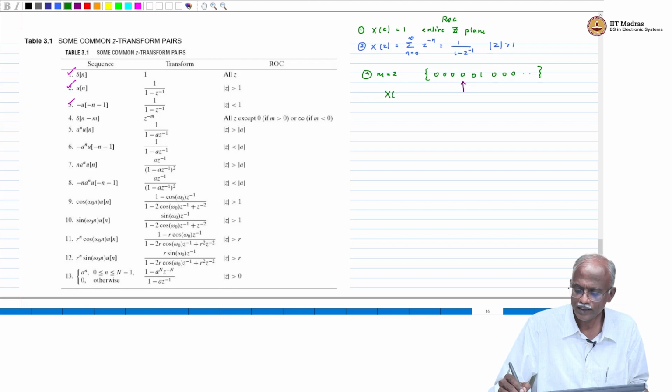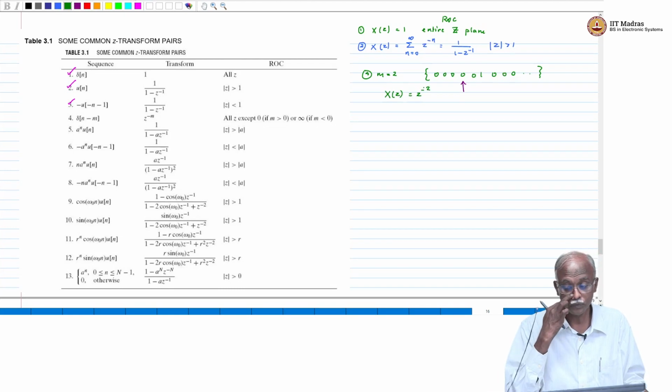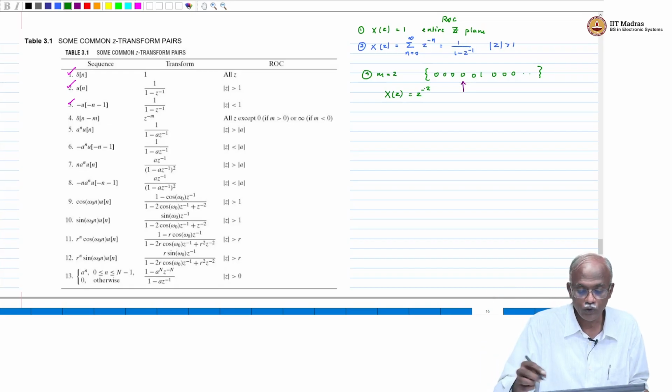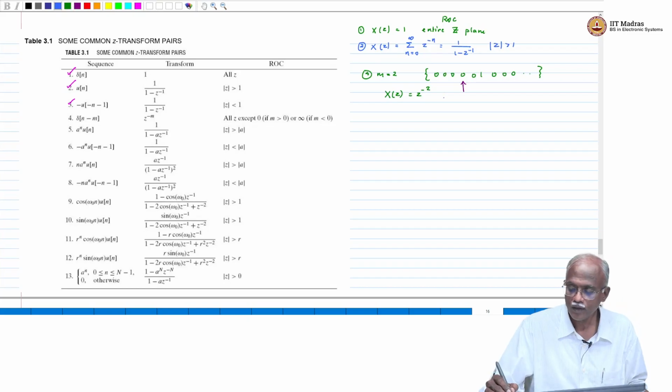So therefore, X of z will be z power minus 2. Because of the negative powers of z, we have to exclude z equal to 0, but we can include the rest of the z plane.